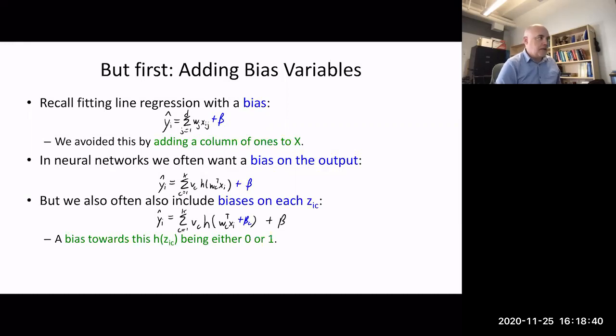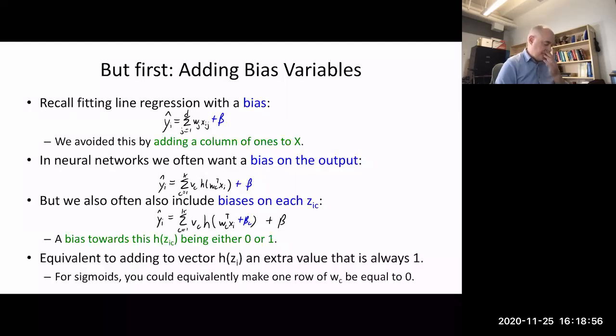These allow those individual parts to be biased towards being present or not, because we know they're going to be shoved through some sort of nonlinear activation function h, and having those biases there helps quite a lot. Okay, so this is equivalent to adding to the vector hz an extra value, which is always 1, right? Or if you're using sigmoids, you can equivalently make one row of the W's equal to 0.